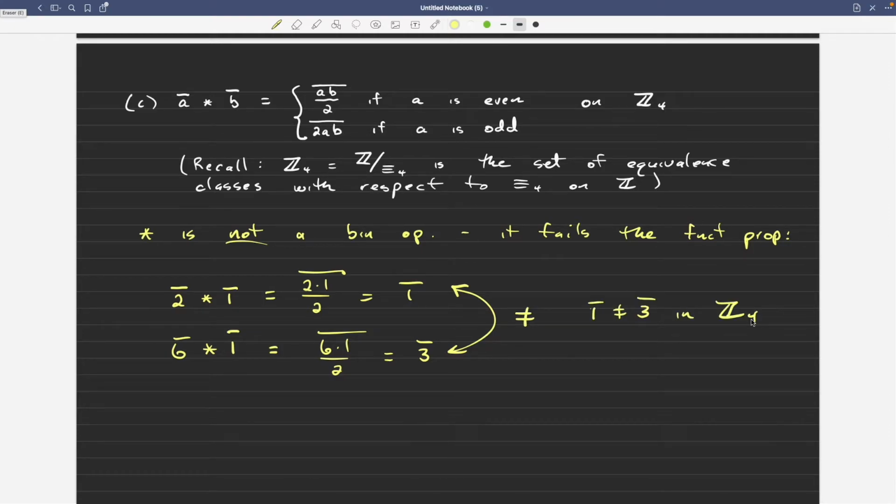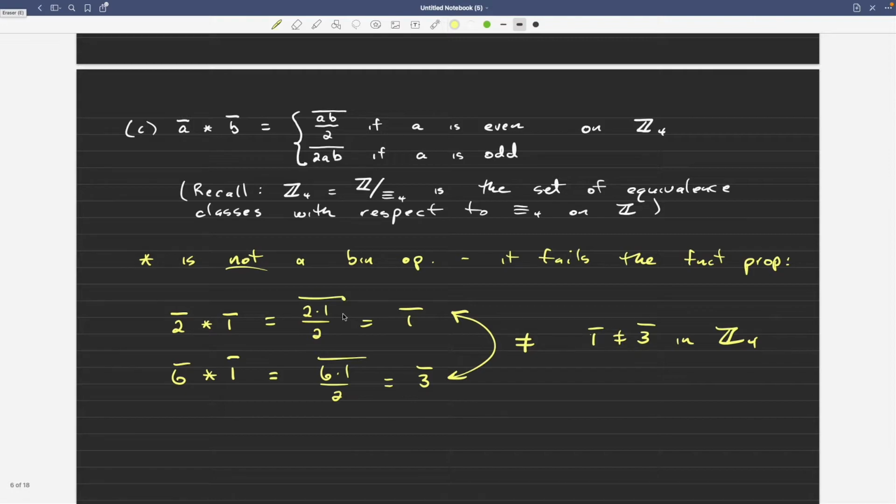So we starred equal things together in Z4, but we got different results. So it didn't have the function property. Although it had no problem at all with the domain and range. If you think about the domain, I could certainly star any 2 things together here, and the result would be an element of Z4. So no problem with domain and range.